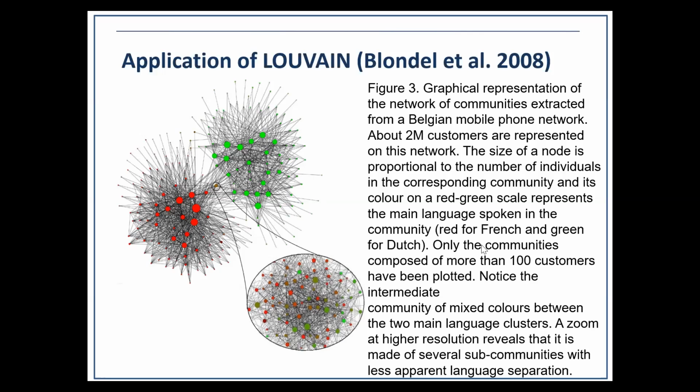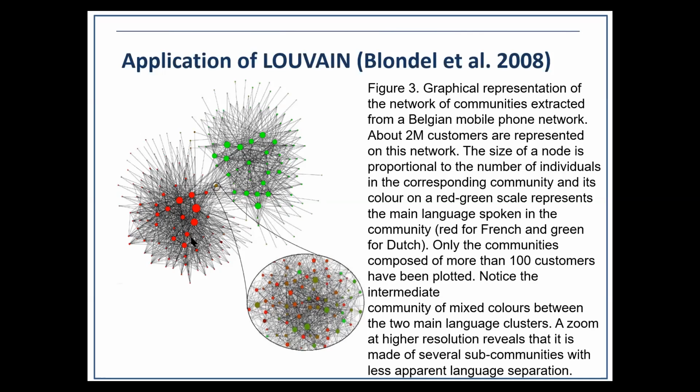Green indicates the Dutch-speaking community. Red indicates the French-speaking community. And there are some few nodes in between. So if we zoom, for example, on this node here, we have a mixture of French and Dutch-speaking customers. That would be Brussels, some cities where both languages are mixed.